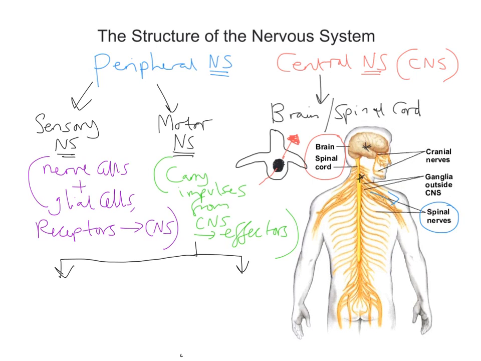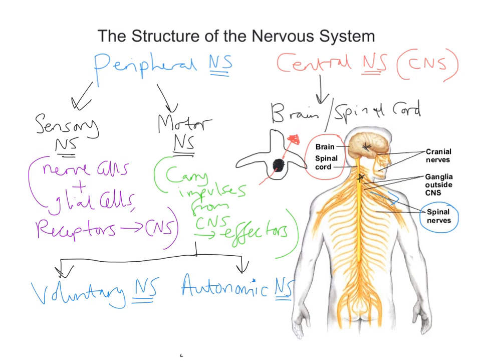So we have the voluntary nervous system and the autonomic nervous system. Now, the voluntary nervous system carries impulses to things like body muscles. So we're talking skeletal muscle, and it's under, this is the key thing, it's under voluntary control or conscious control.